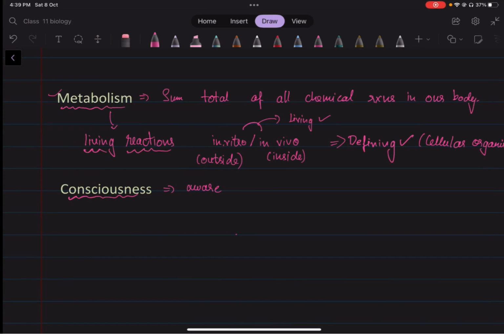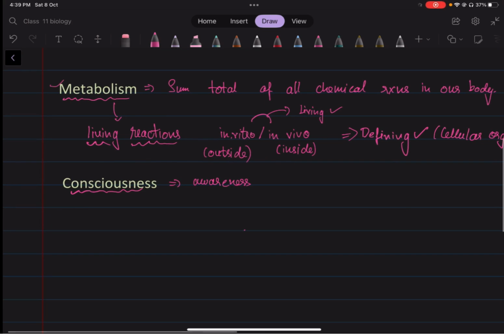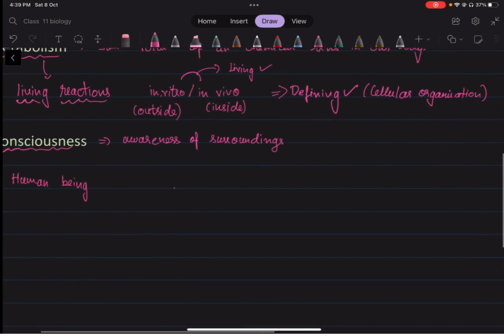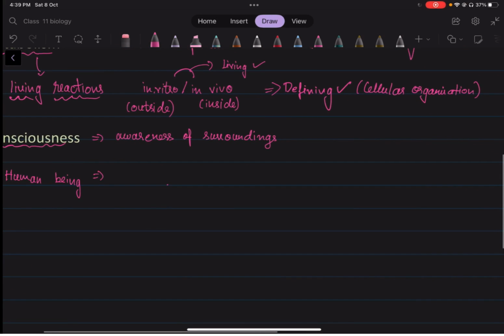Being aware of anything is called consciousness. So when we're aware of our surroundings, we say that we are conscious, and when we are not aware, we are unconscious. So human beings have a special ability, okay? They have something called self-consciousness.